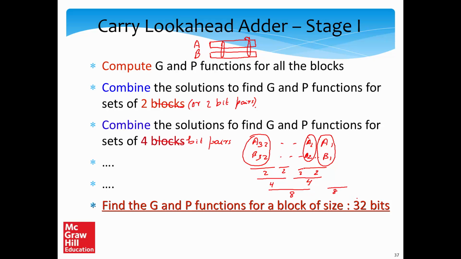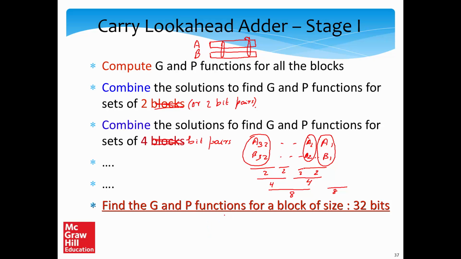Then from 8 and 8, 16, and finally 16 and 16, 32. So we find the GNP functions for a block size of 32 bits at the end, which means 32 bit pairs. Also, instead of writing blocks here, I would rather say 2 bit pairs and 4 bit pairs.